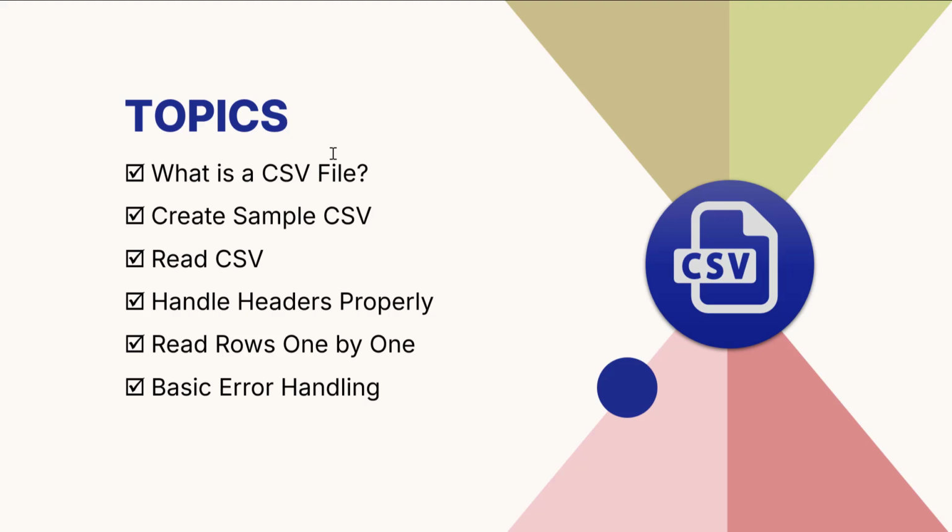Today we have learned how to open a CSV file, read rows using csv.reader, handle headers, access column values, and how we can add basic error handling. Now in the next video, we will go deeper and learn advanced CSV techniques like DictReader, filtering data, writing CSV files, handling large datasets, and real-world automation workflow.